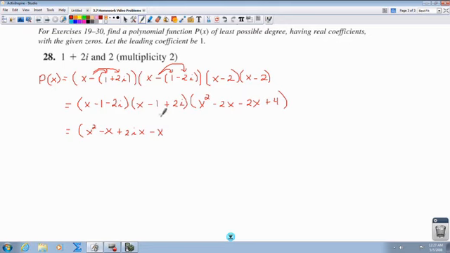Negative 1 times negative 1 is positive 1. And negative 1 times 2i is negative 2i. We're also going to take the negative 2i and distribute it all the way through. Negative 2i times x is negative 2ix. Negative 2i times negative 1 is positive 2i. And negative 2i times positive 2i is negative 4i squared.